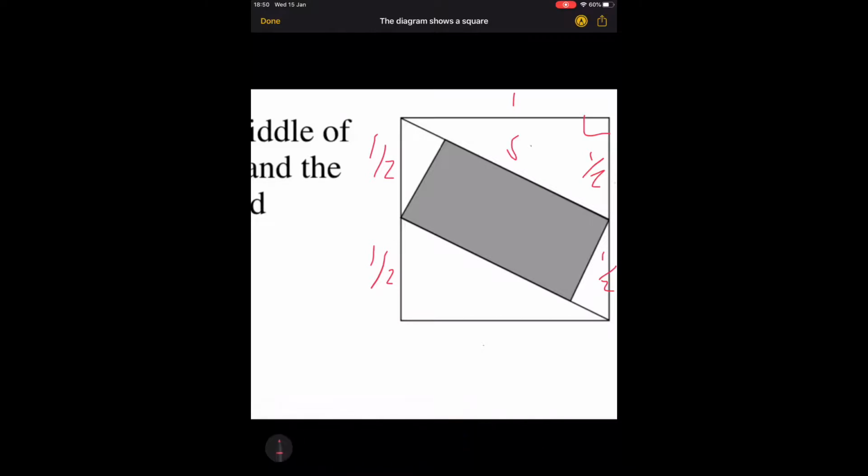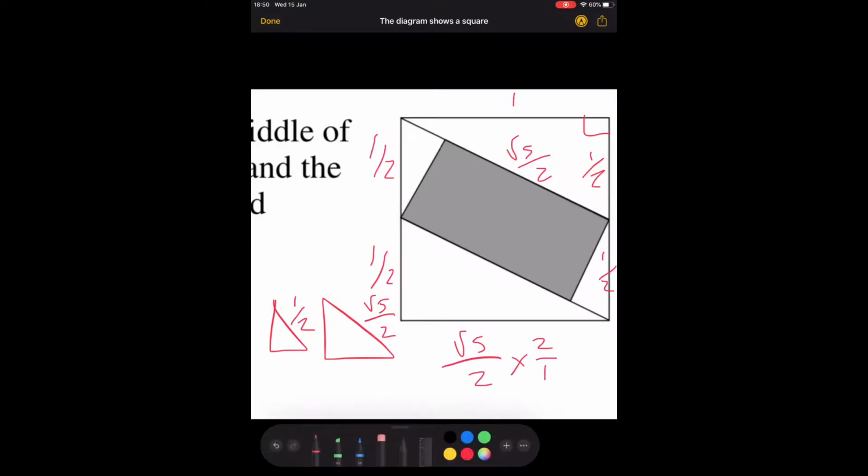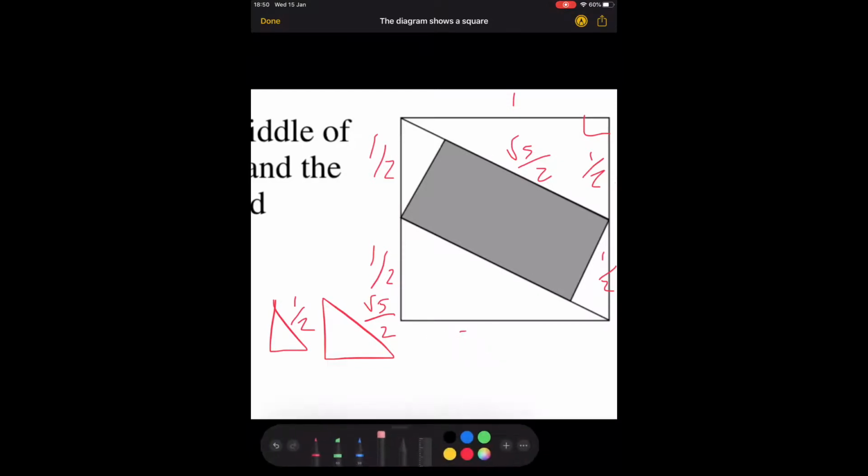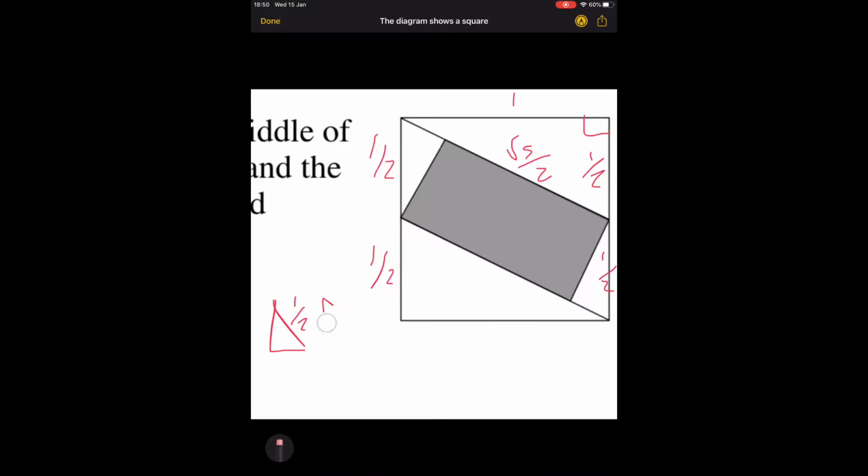In the two triangles, the hypotenuse here is half, and the larger one is root 5 over 2. So the fraction is root 5 over 2 times 2 over 1, which becomes 2 root 5 over 2, which is root 5. So our ratio, all in all, is root 5.